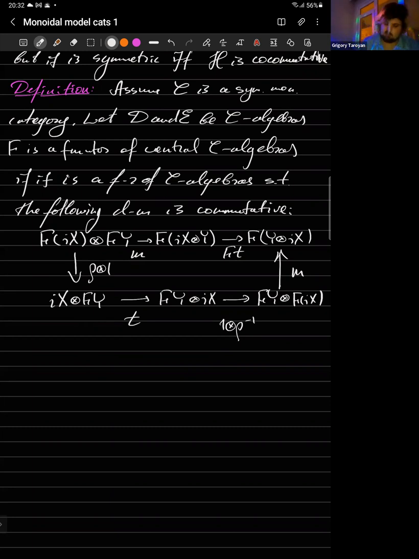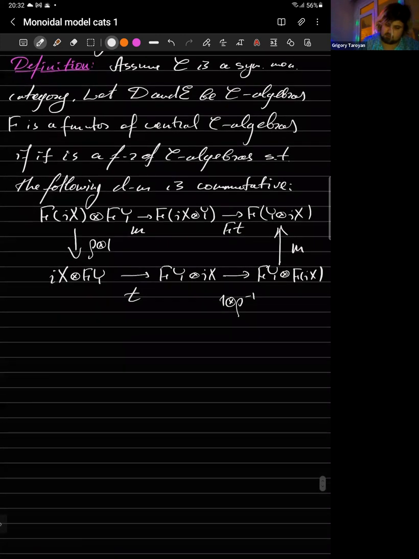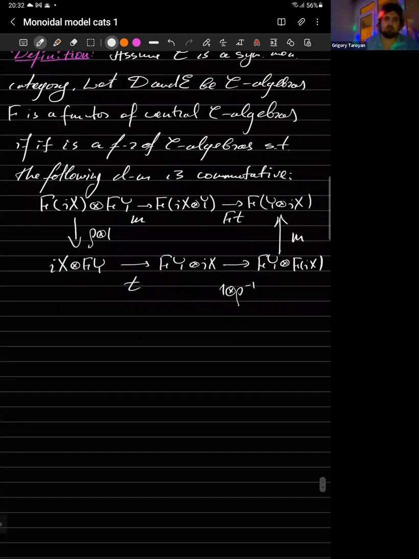It has 6 terms instead of the usual 4. But basically the idea is very simple. We just require that T commutes with F.